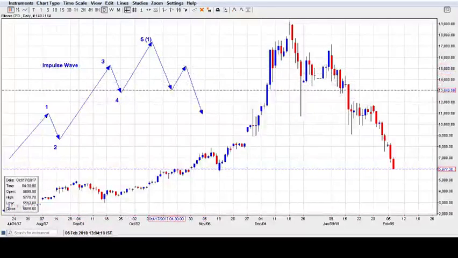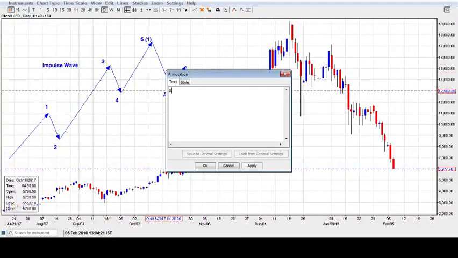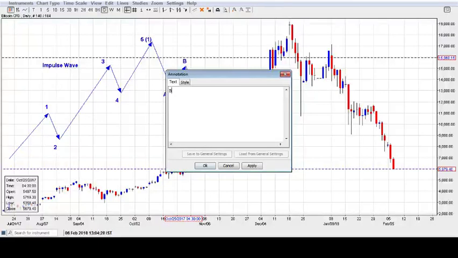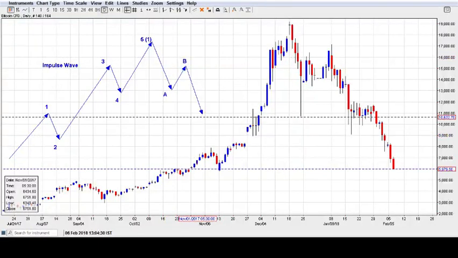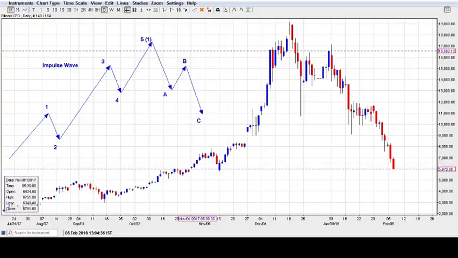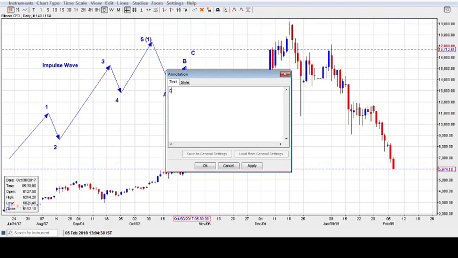And on the other side, labeled as A, B and C, known as the corrective wave.